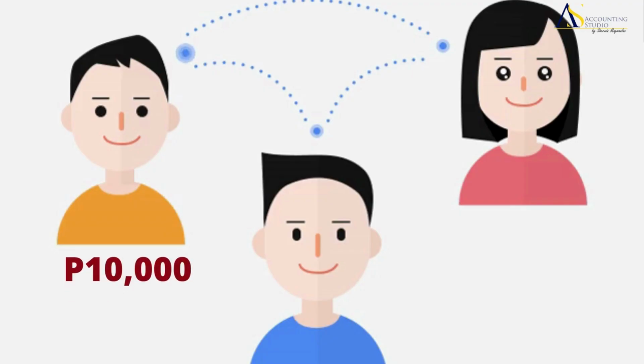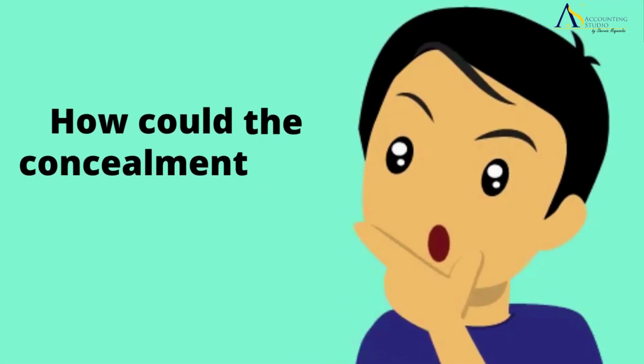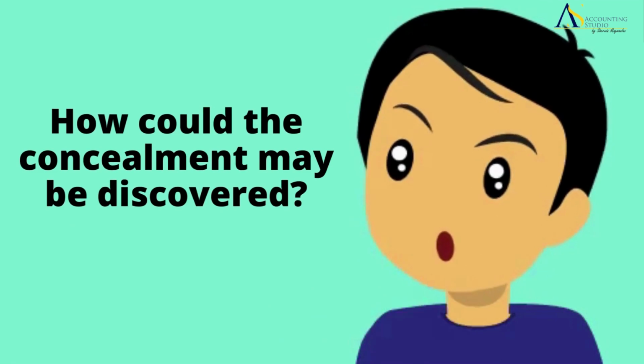In effect, the initial discrepancy in customer A's account is transferred to customer B's account, and the discrepancy in customer B's account will afterwards be transferred once again to another account when another customer pays. You might be wondering how the concealment under this scenario may be discovered by the company.